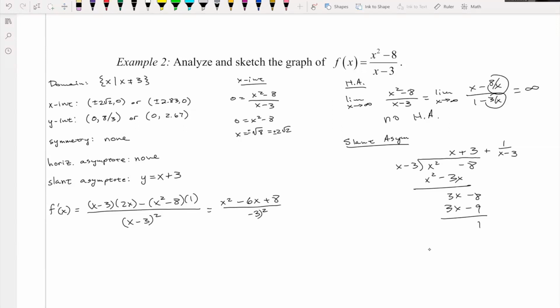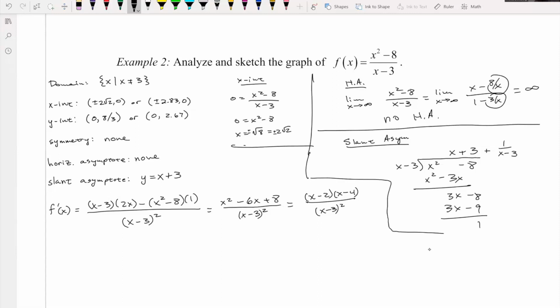And I think that numerator actually factors: x minus 2, x minus 4 over x minus 3 squared. Nothing cancels, unfortunately. Let's find f double prime.